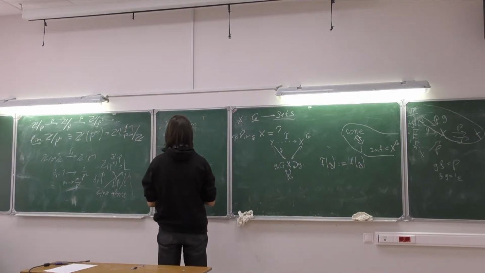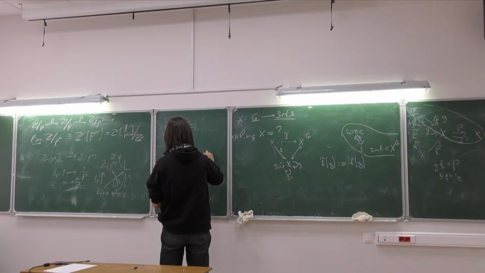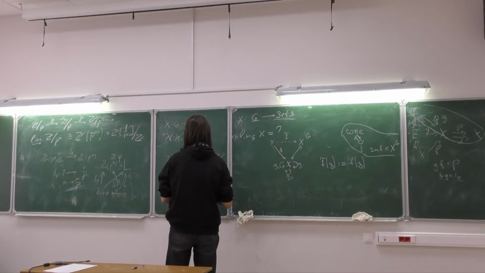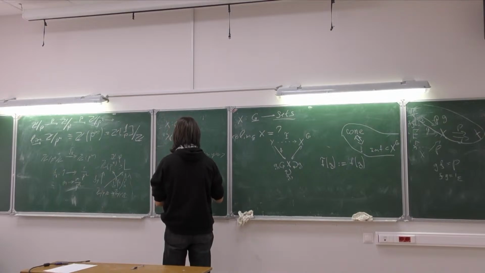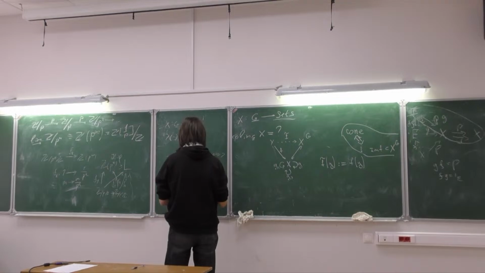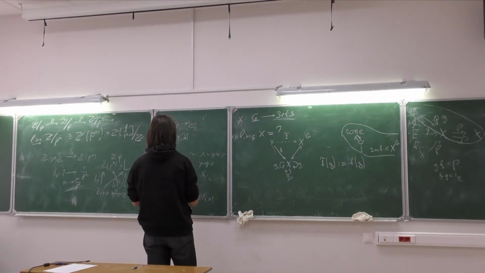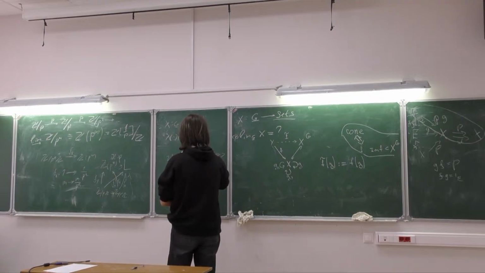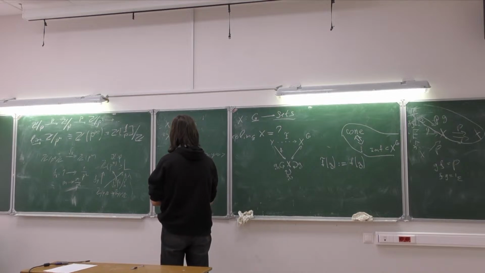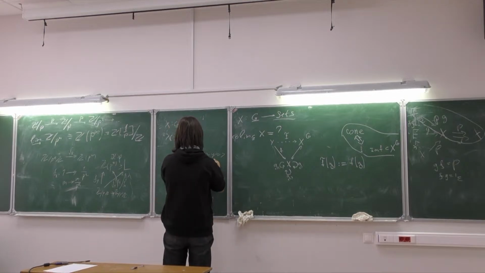So I'll take this binary equivalence relation, and I'll take X factorized by this binary equivalence relation. You call this set U, right? Yes.